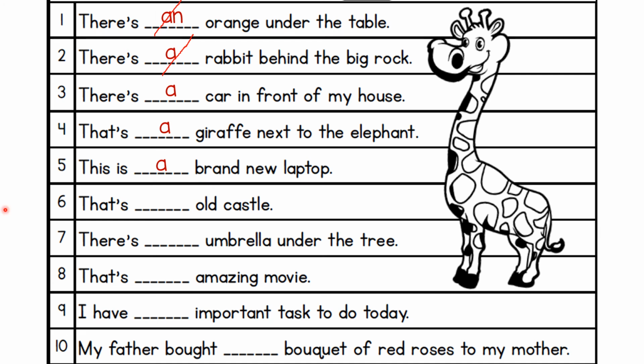B. Number 6, that's an old castle. That's an old castle. O. Number 7, there's an umbrella under the tree.